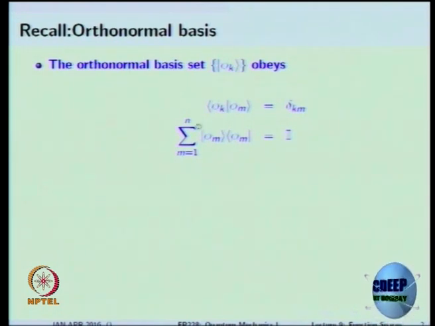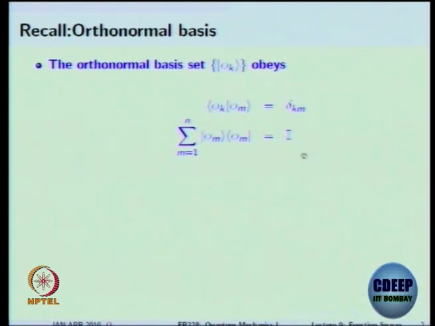Each of these outer product terms is the projection operator. The sum over all the projection operators should add up to be an identity matrix or identity operator. Is that right? Everybody is with me? This is what we did in the last lecture.